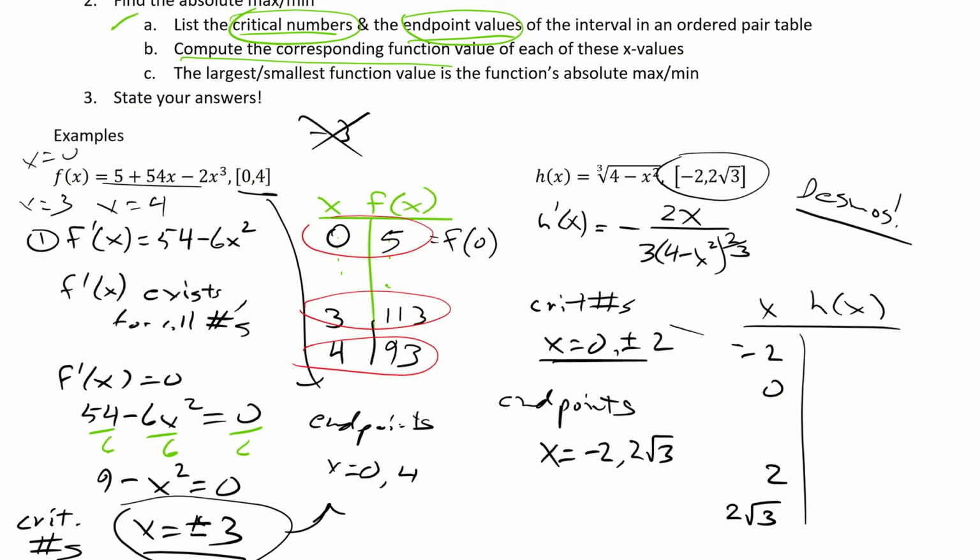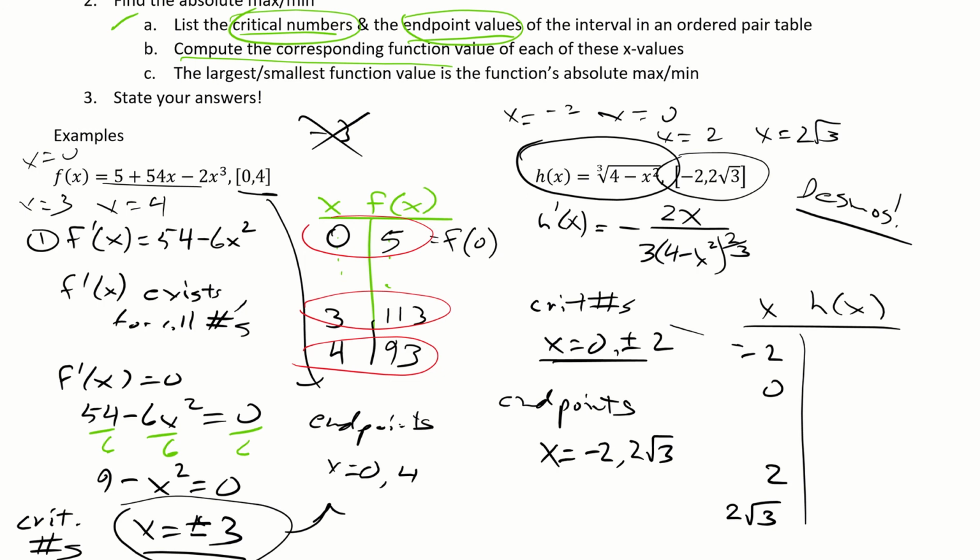So what we do is plug those numbers into this function. We're going to plug in x is negative 2, x is 0, x is 2, and x is 2 radical 3, to see what we get. On a board, you would see me struggle through these numbers.